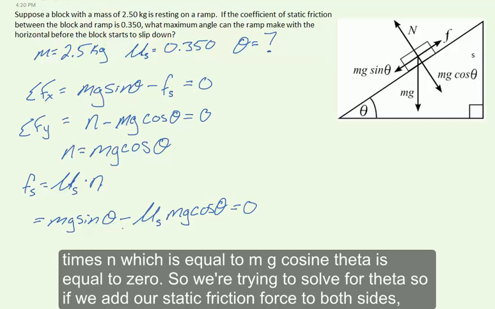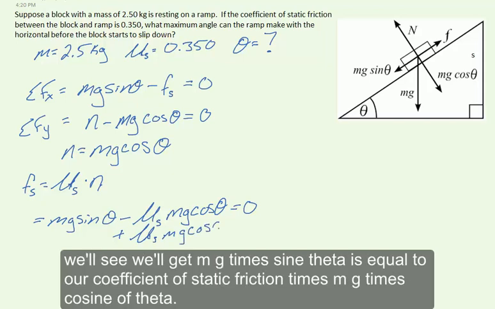We're trying to solve for theta, so if we add our static friction force to both sides, we get mg sine theta is equal to our coefficient of static friction times mg cosine theta.